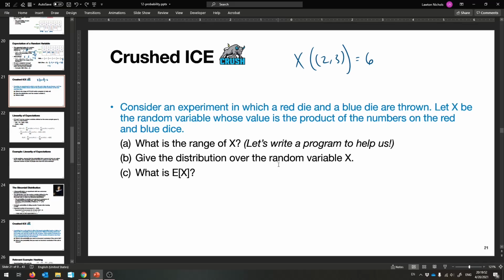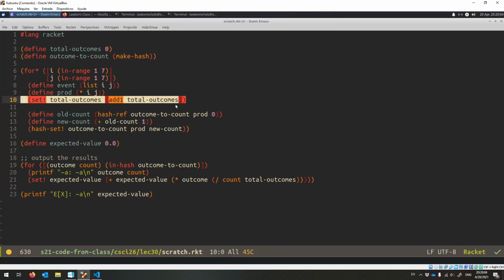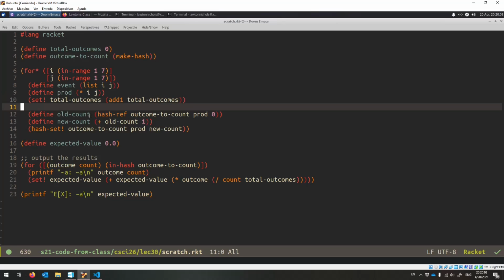Okay, I've written a nice little program to do all of this for us. So it's going to roll 2 dice, figure out their product, and then keep track of how many outcomes there were. There'll be 36 total, but why not keep track of that? And then, every time you see this product again, the same one, you're going to add it to a hash table.